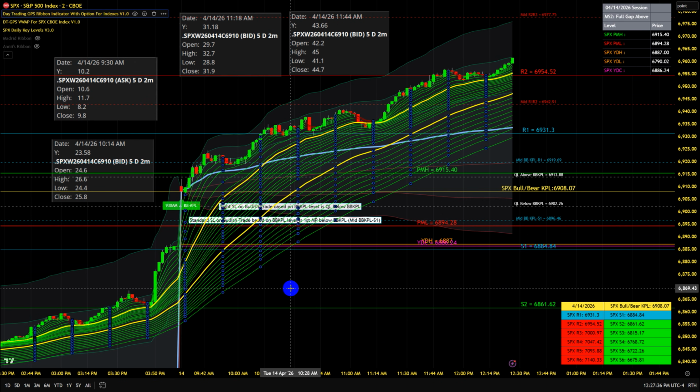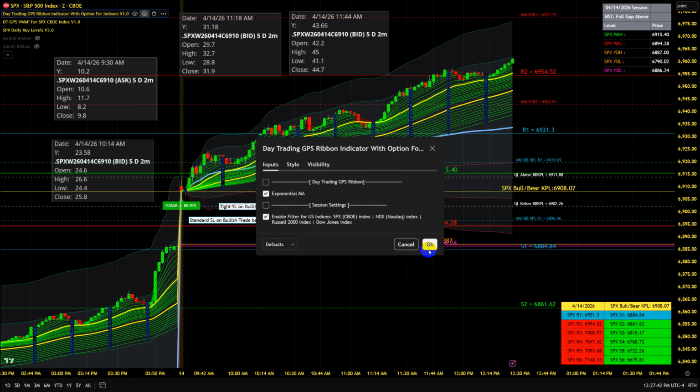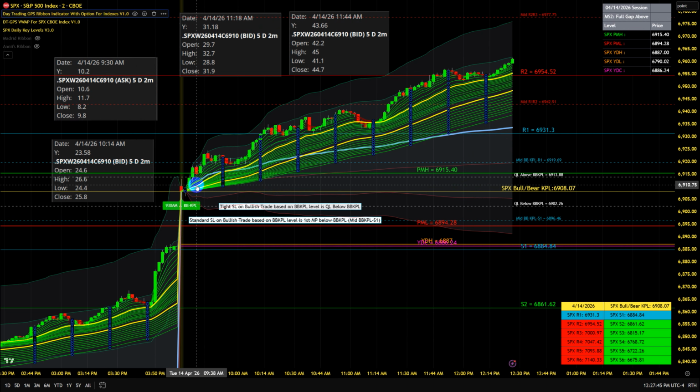However, when you're using it on an index, you have this option that you can turn on to enable a filter for US indices, and it resets the ribbon and gives you a completely different look, because then the ribbon is starting from the actual start of the session.